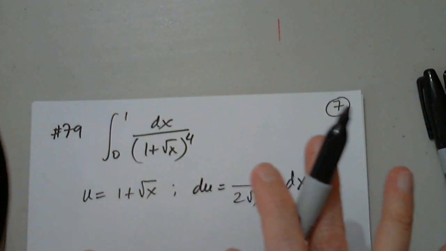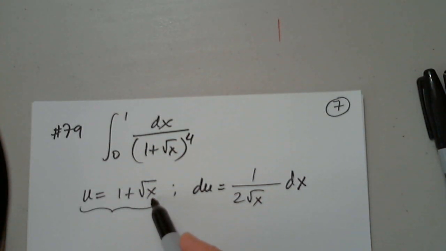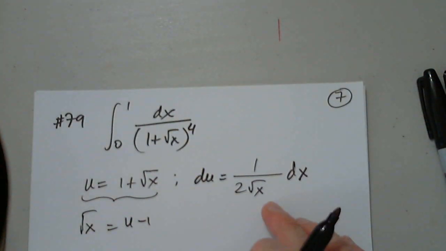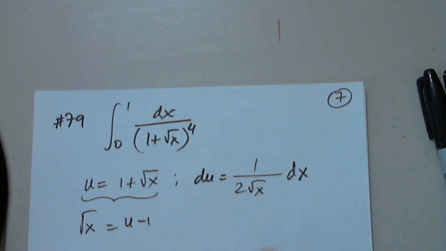The 1/2 is not a big deal. But look what happens here if I solve for the square root of x. So if we solve for the square root of x, this becomes u minus 1. I don't like having a u minus 1 in the denominator, but maybe it will not end up in the denominator. So we'll see in a moment.